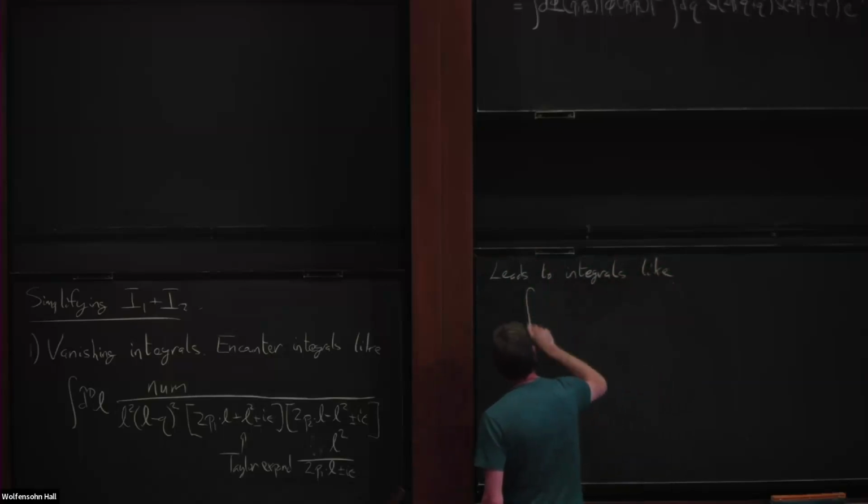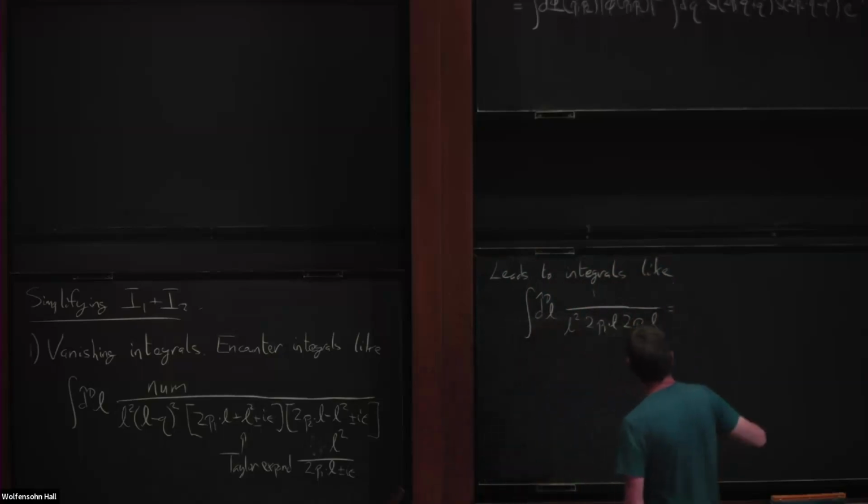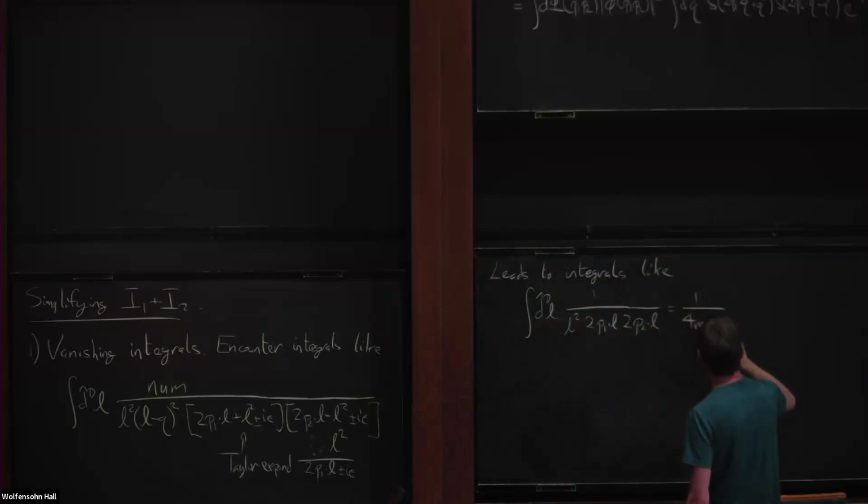So we get an integral like this, integral d^d L. So just one massive pole and one massless pole and 2 massive poles. So this we can simplify by bringing out the masses.